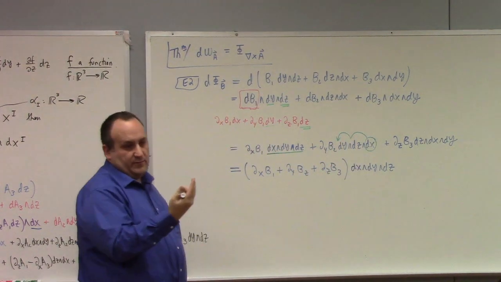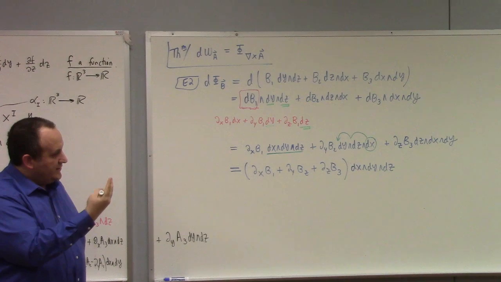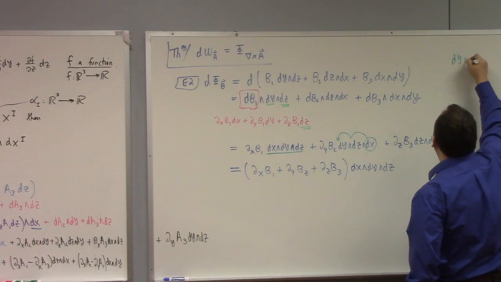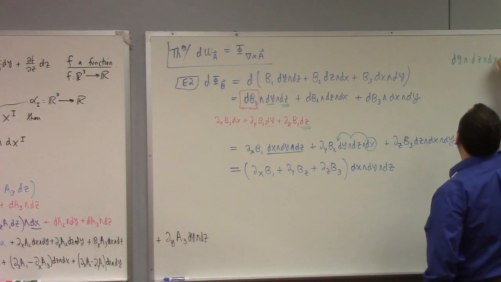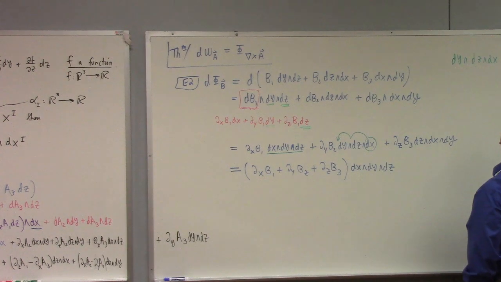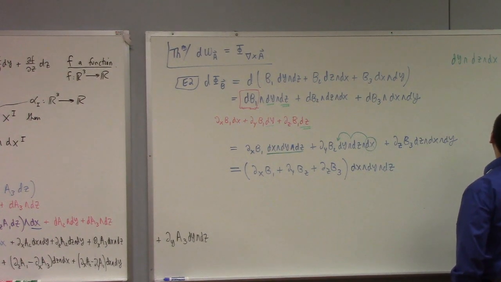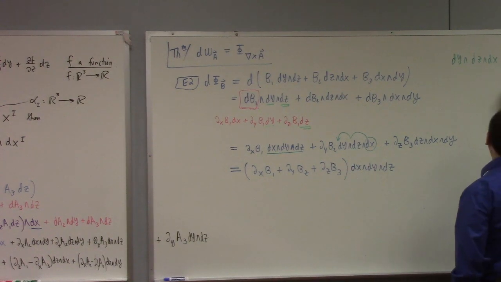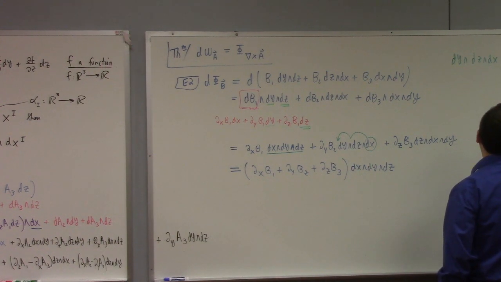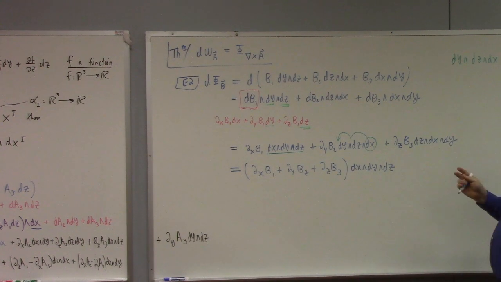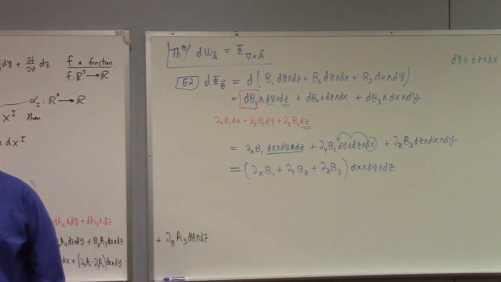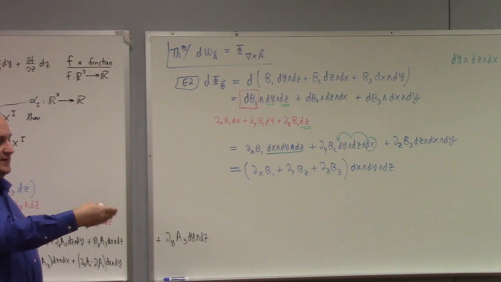So when I flip the dx, let me write it out: dy wedge dz wedge dx is equal to minus dy wedge dx wedge dz, but that's equal to minus minus dx wedge dy wedge dz, which is just dx wedge dy wedge dz. Yes, the wedge product is anti-commutative, but because I have to do it 2 times, I still get the same plus dx wedge dy wedge dz.